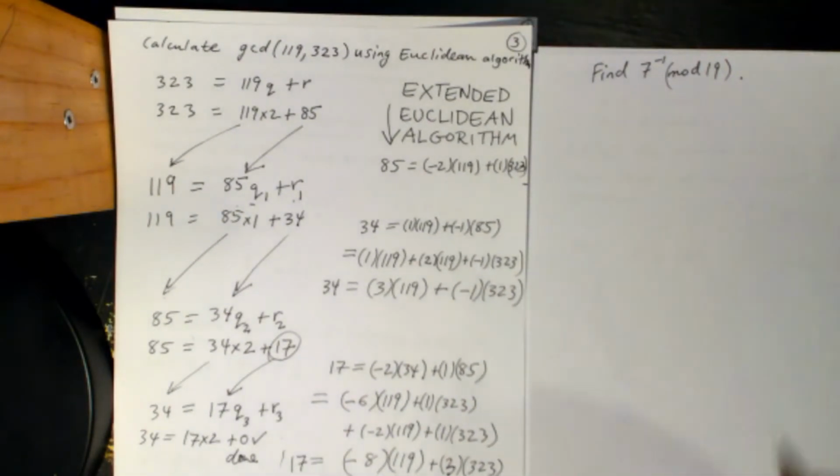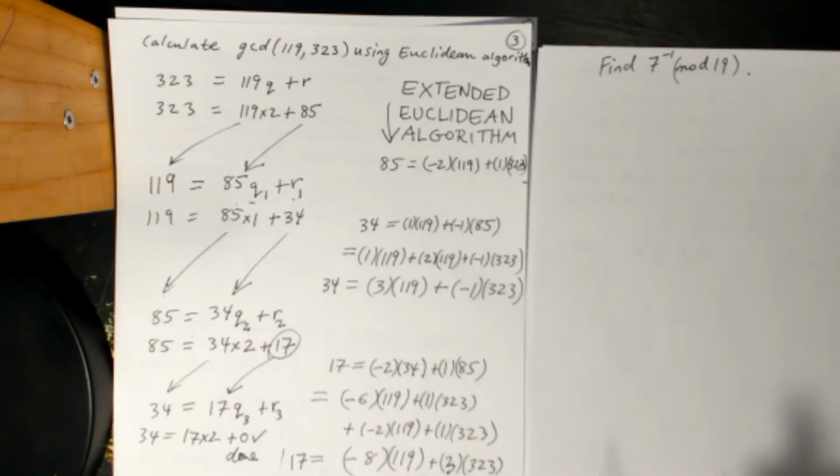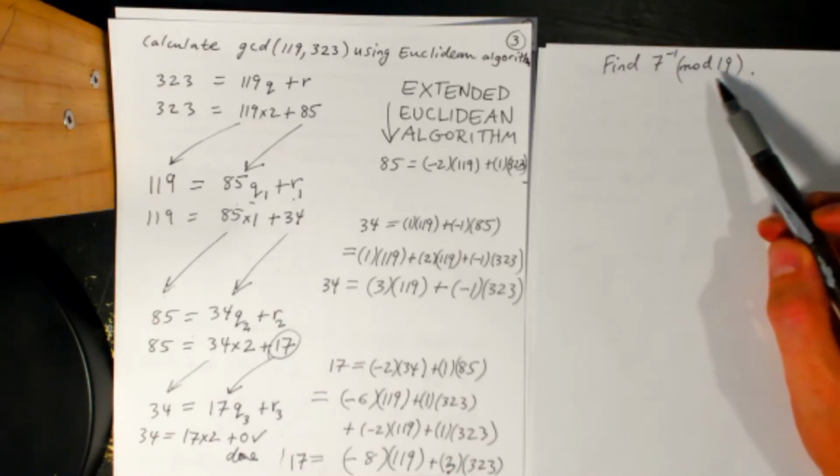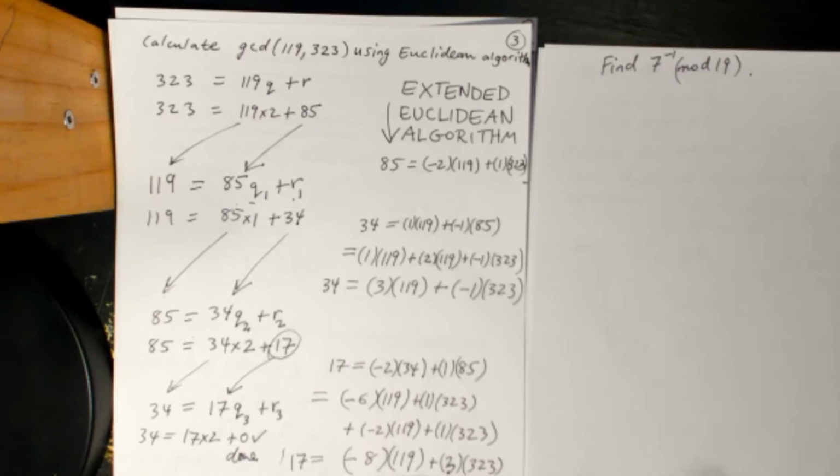So that brings us to the next page, where I've got a question that says find the inverse of 7 multiplicatively modulo 19. Now we know that that should exist because 19 is prime, and so the GCD of 7 and 19 is equal to 1.